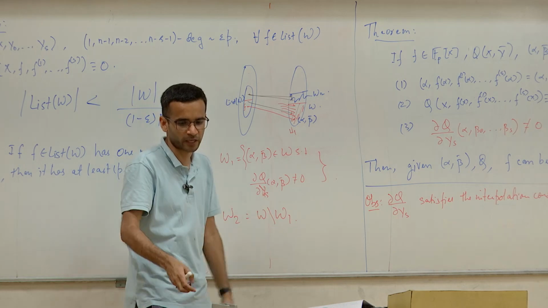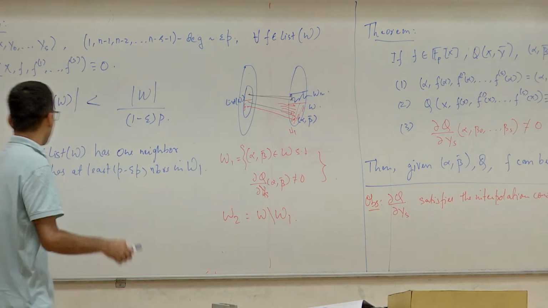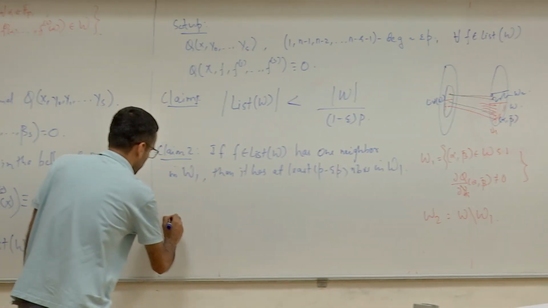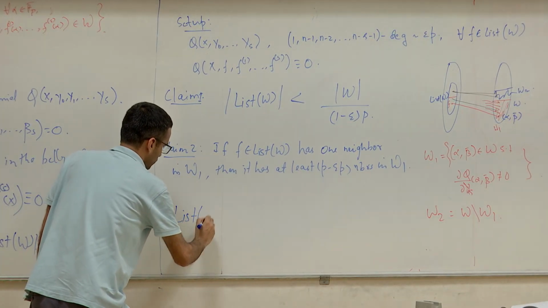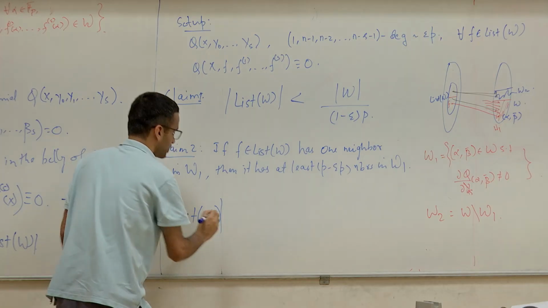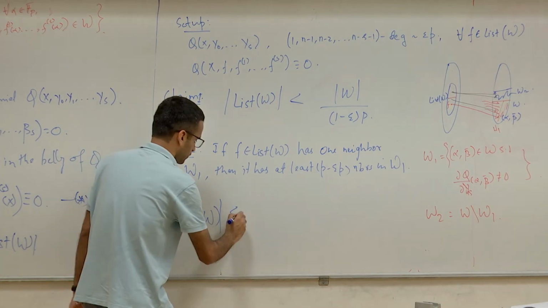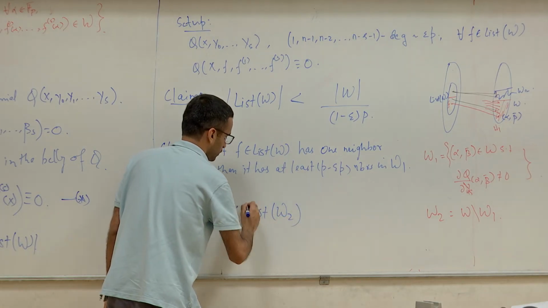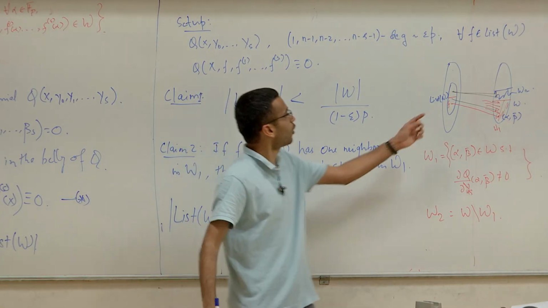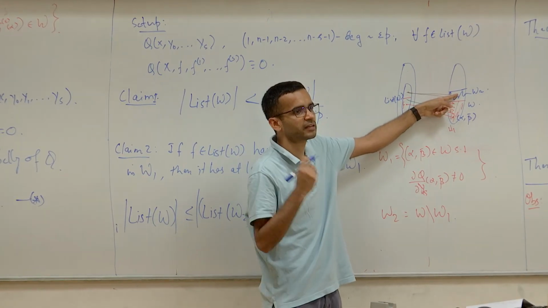So you will recover it many times. So together they tell us that the size of list of W I can upper bound by, so it's at most list of W2. These are all polynomials whose entire neighborhood is contained inside W2.